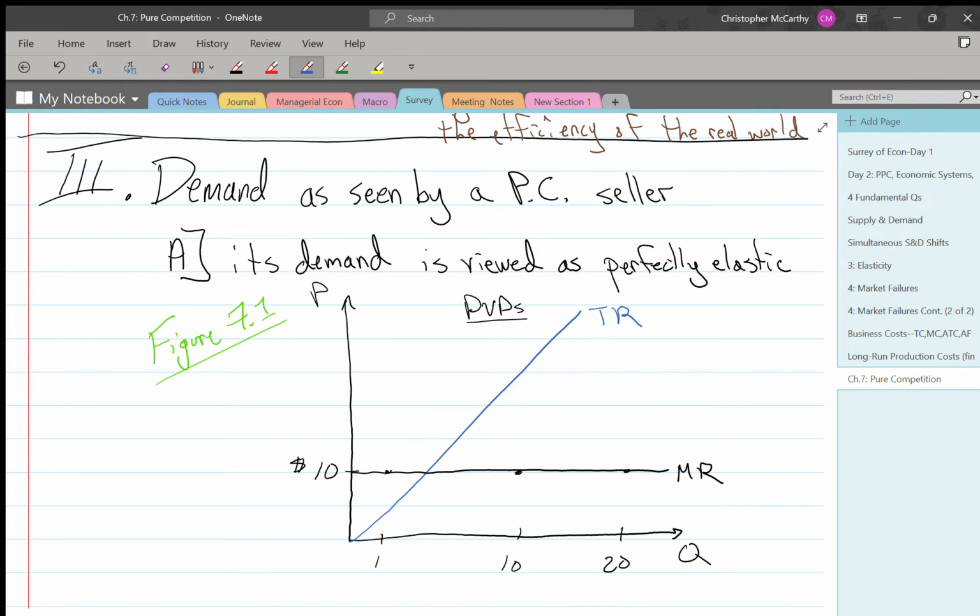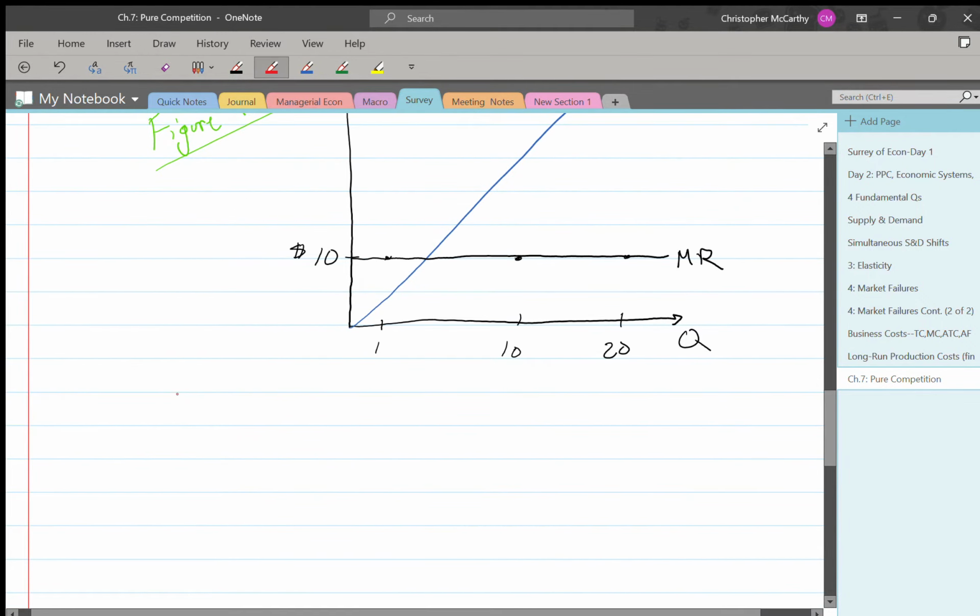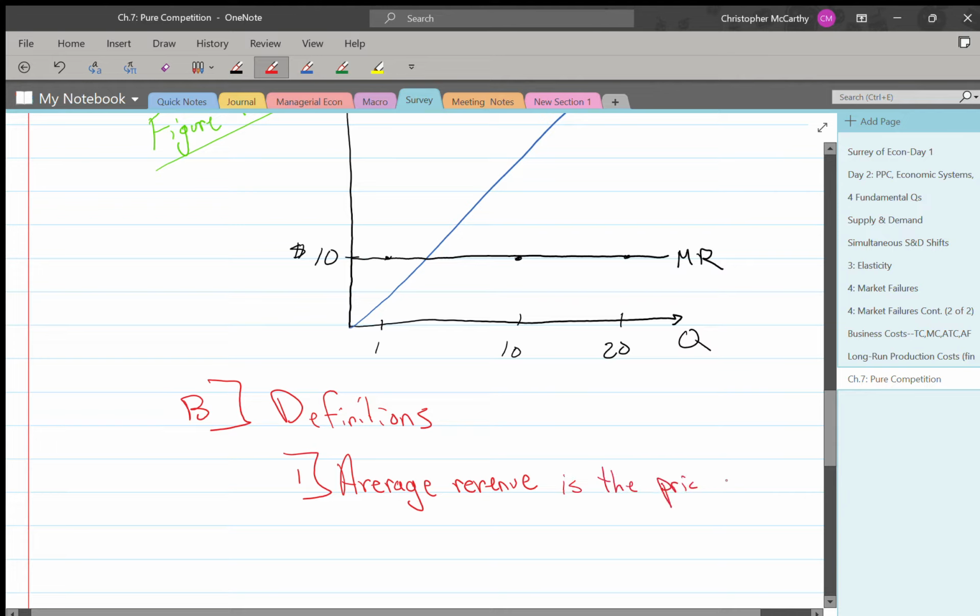So a couple of definitions that we have to get out of the way before we can move on. The first one is average revenue, and this is the price per unit for each firm in pure competition.